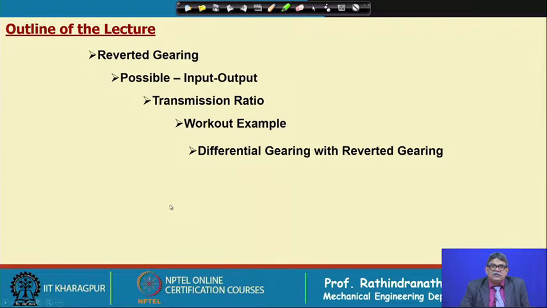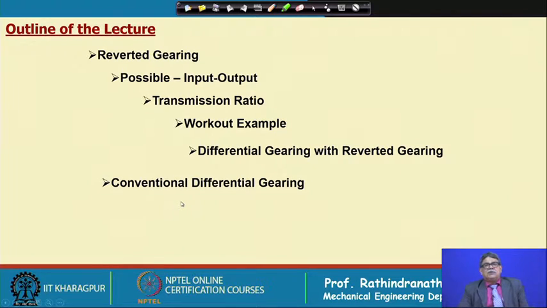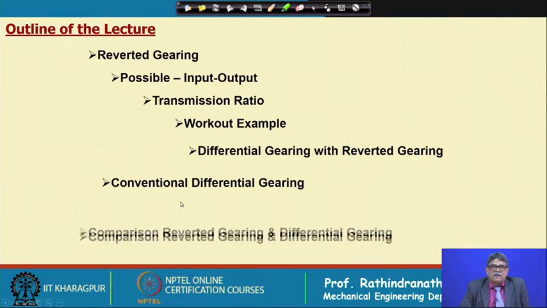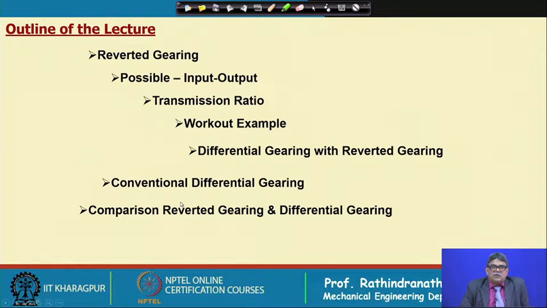Differential gearing with reverted gearing, that I will also discuss. Next, I will come to conventional differential gearing which is used in automobiles, and a comparison of reverted gearing and differential gearing.